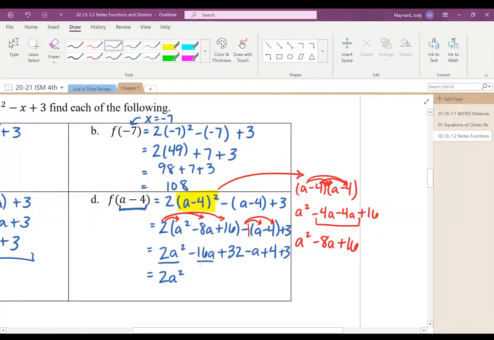Then we have a negative 16a and a negative a, so that's negative 17a. Then we have 32 plus 4 plus 3. So 32 plus 4 is 36, plus 3 is 39. And that is your final answer. That's what we would put into MyMathLab.